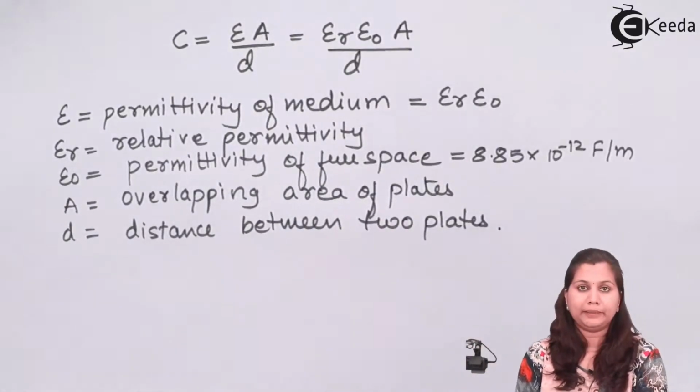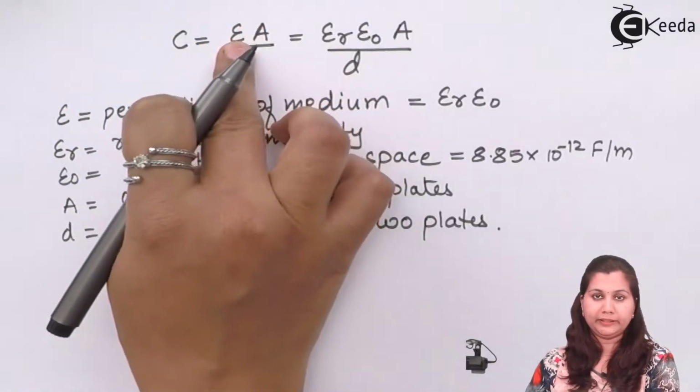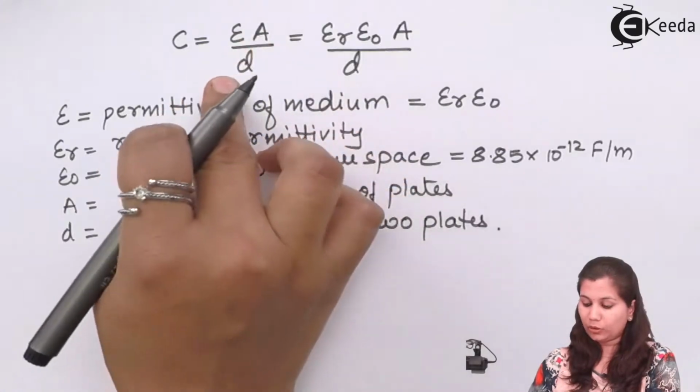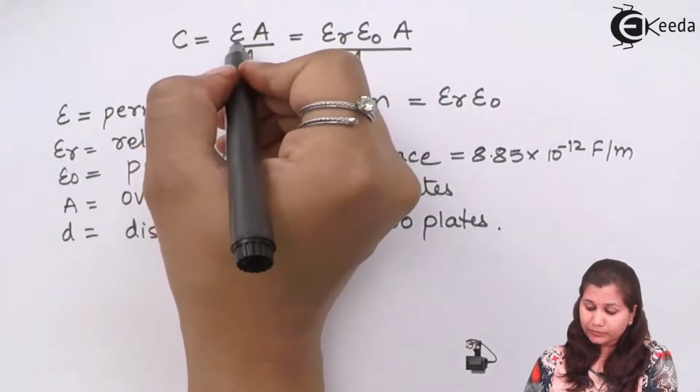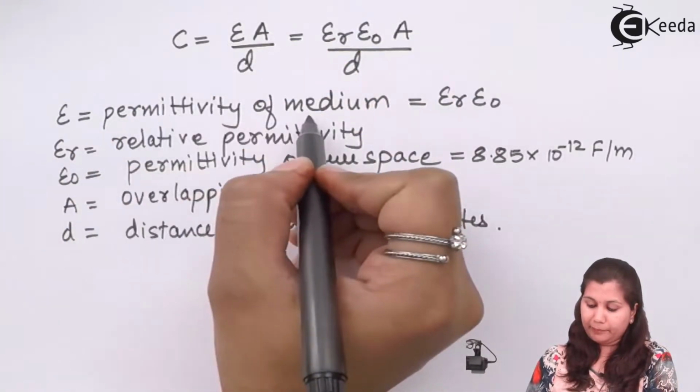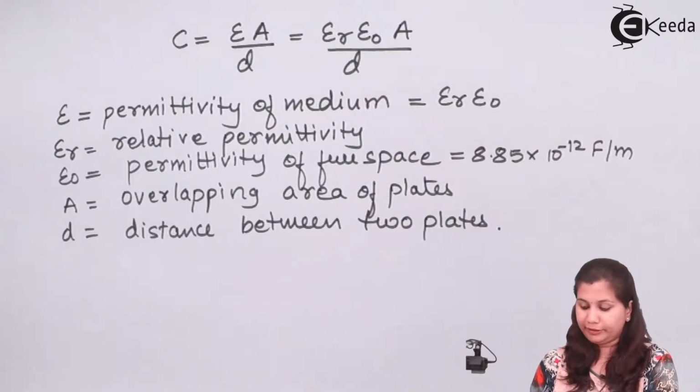So for a parallel plate capacitor, the capacitance depends upon the relative permittivity, on the area and on the distance between the two plates. Now this permittivity depends upon the dielectric medium which is used between the two plates. So for different dielectric media the value of the permittivity will be different.